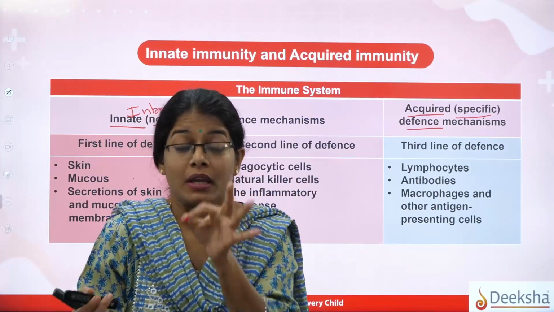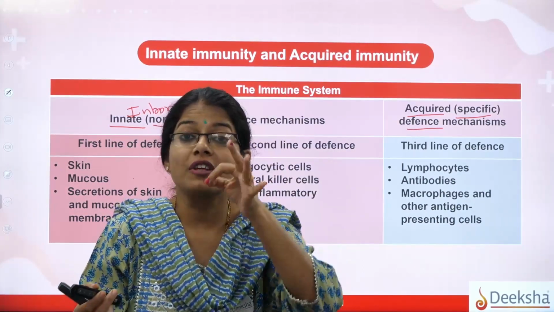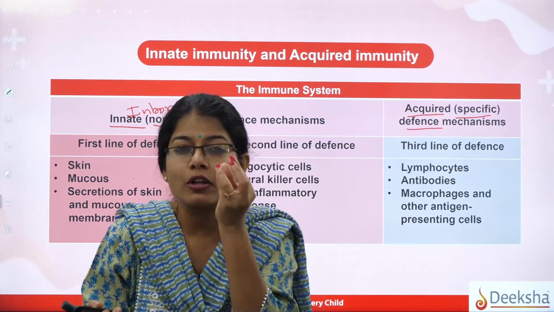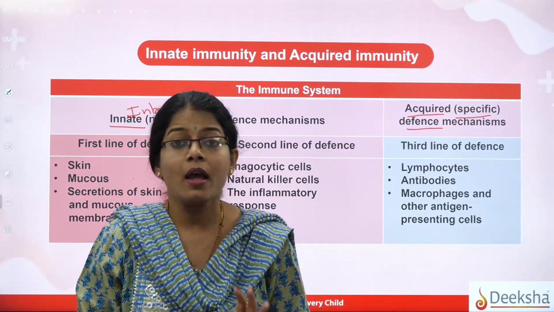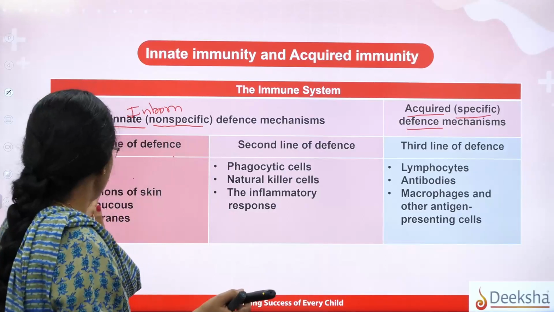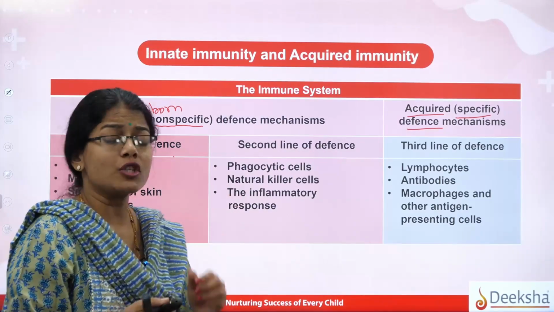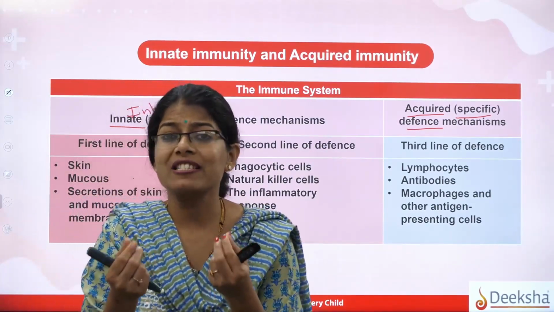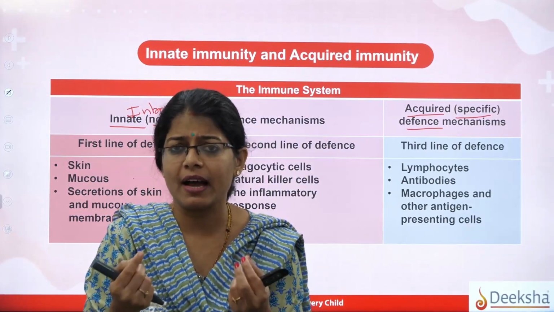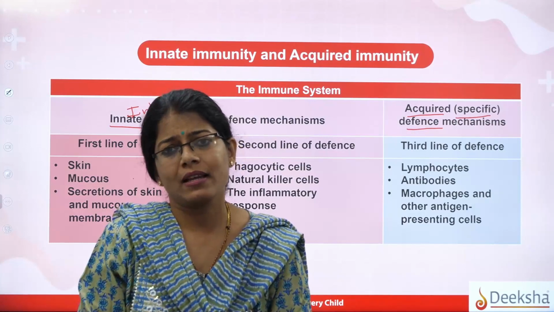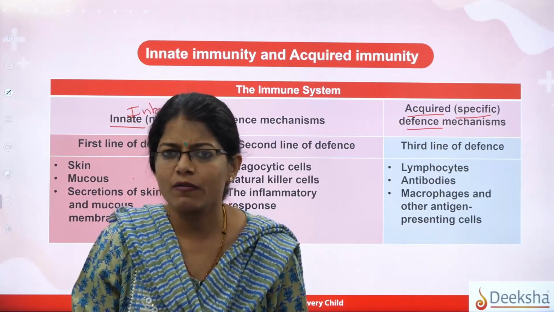That is the creativity of God. You should really thank God for creating small structures, tissues and fluids in this manner, right? Then the secretions of the skin, that is, oily secretions made by the skin, that is sebum, having a pH level. So sebum also acts as a secretion, again a first line of defense.